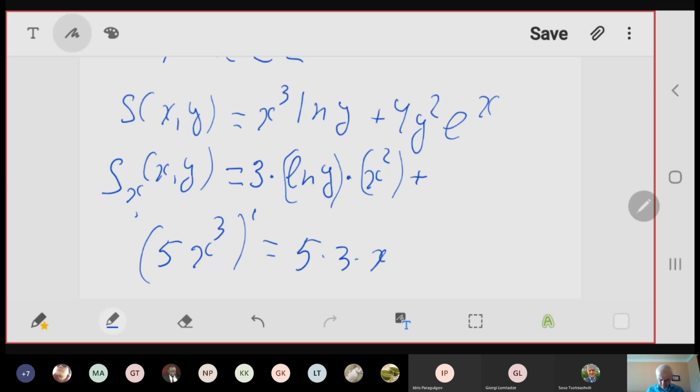So here, what is constant? 4 times y square. And I know very well that the derivative of e to power x is e to power x again. So we have here 4 times y square e to power x.